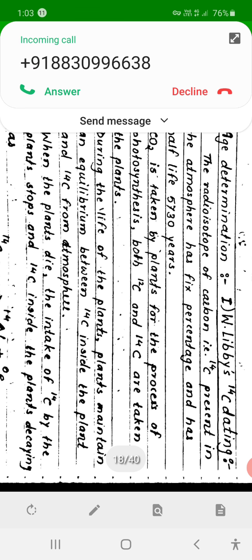The radioisotope of carbon exists in nature everywhere, in the living environment, plants as well as animals, that are made up from carbon.